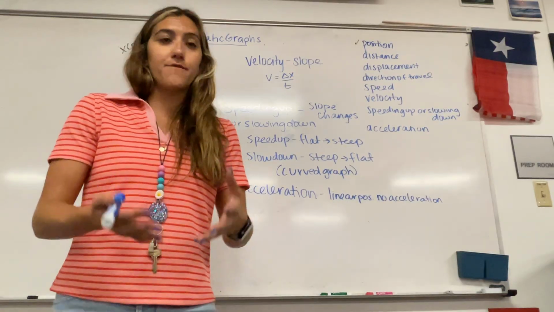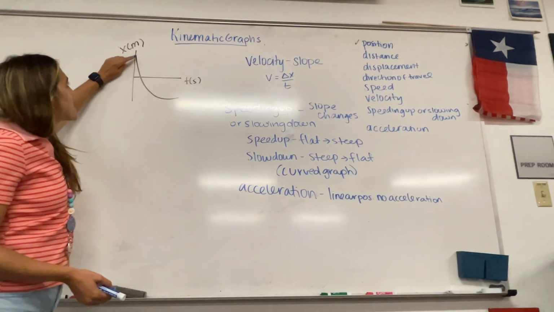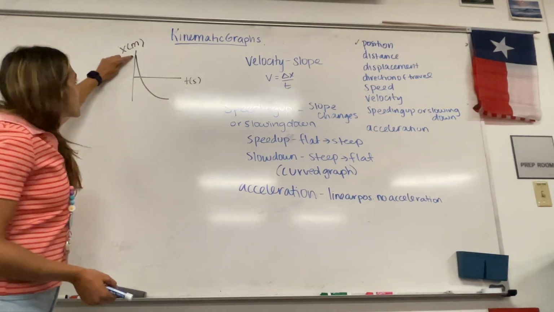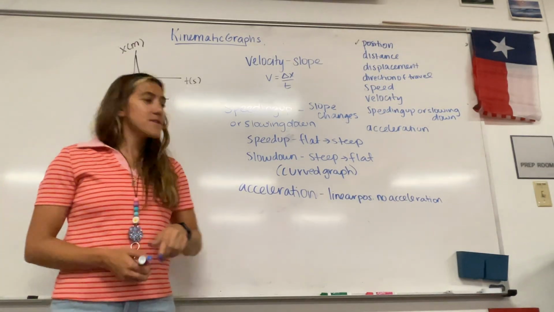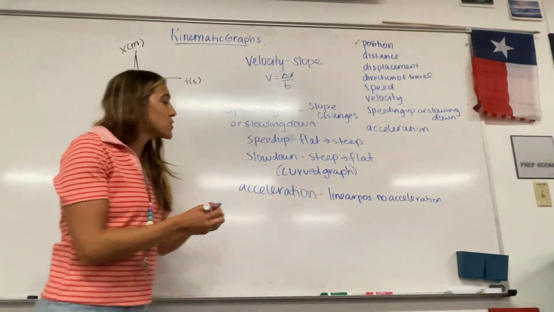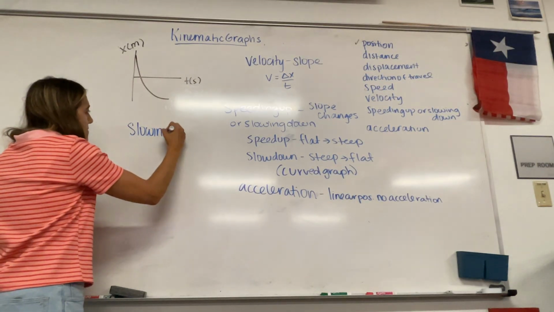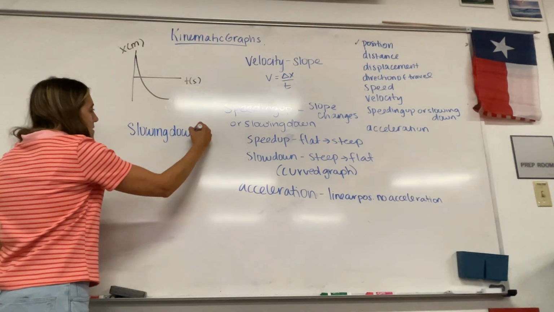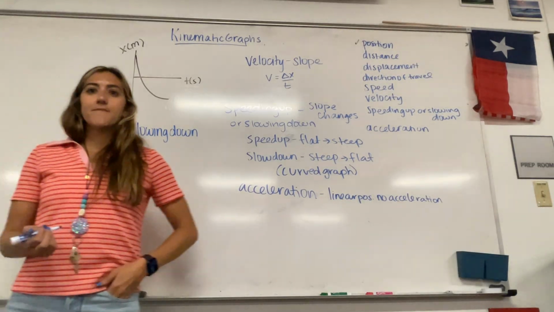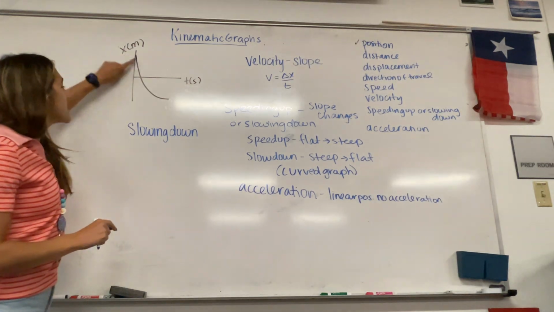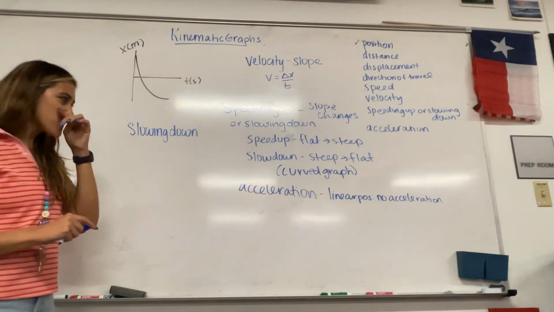That is a curve, right? In this case, it's going from steep to flat. Oh, make it flat right there. Steep to flat. So steep to flat, this would be slowing down. Right? So as an example from last time, this would be slowing down because I'm going from steep to flat.